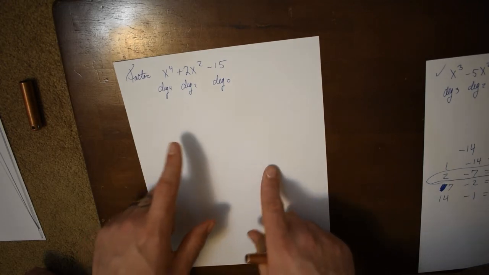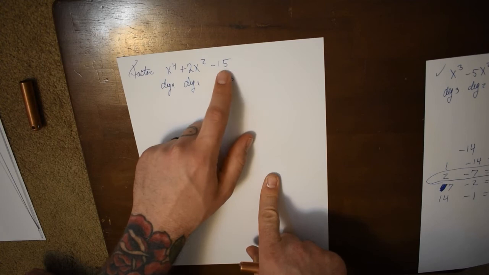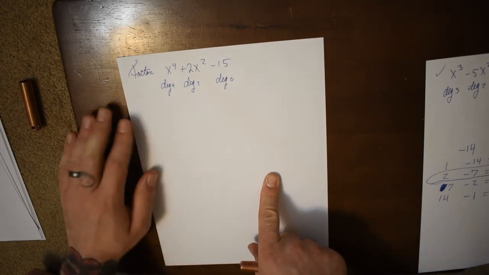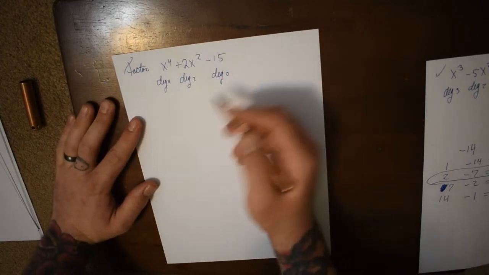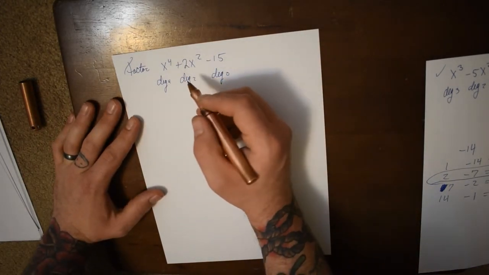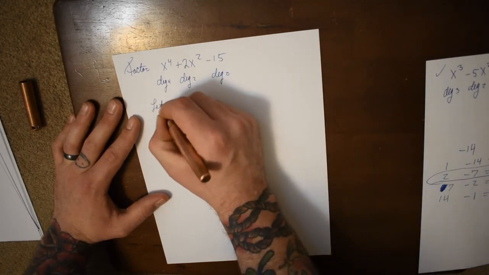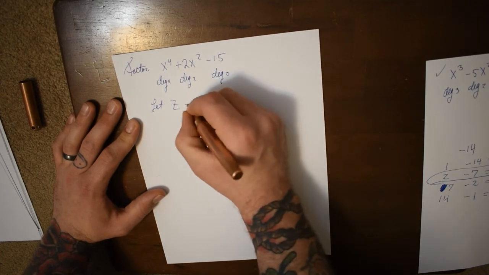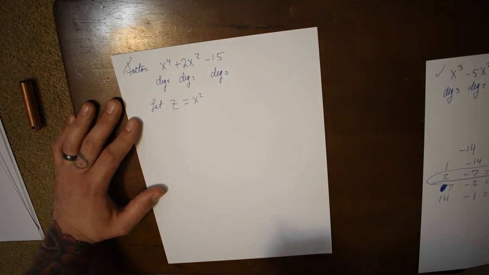But in this problem, we can't factor an x out of every term because there isn't an x in this constant term. You don't have to do this, but I'm going to show you why I'm about to do the process. I'm going to come up with a new variable, z. Let z be equal to x squared.